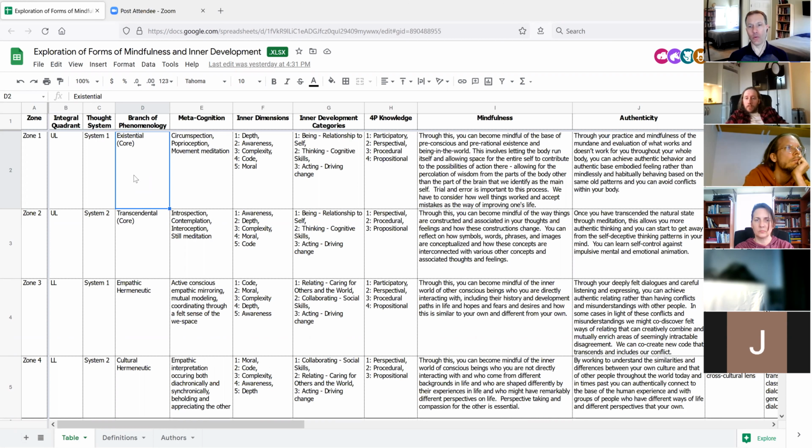So the ground of knowing is participatory, and a little bit above that is having a perspective. And both of those contribute to the ability of knowing how to do something. That's the procedural knowing, and also knowing what is true or what is not true, or having some sort of beliefs about that, which is the propositional knowing.